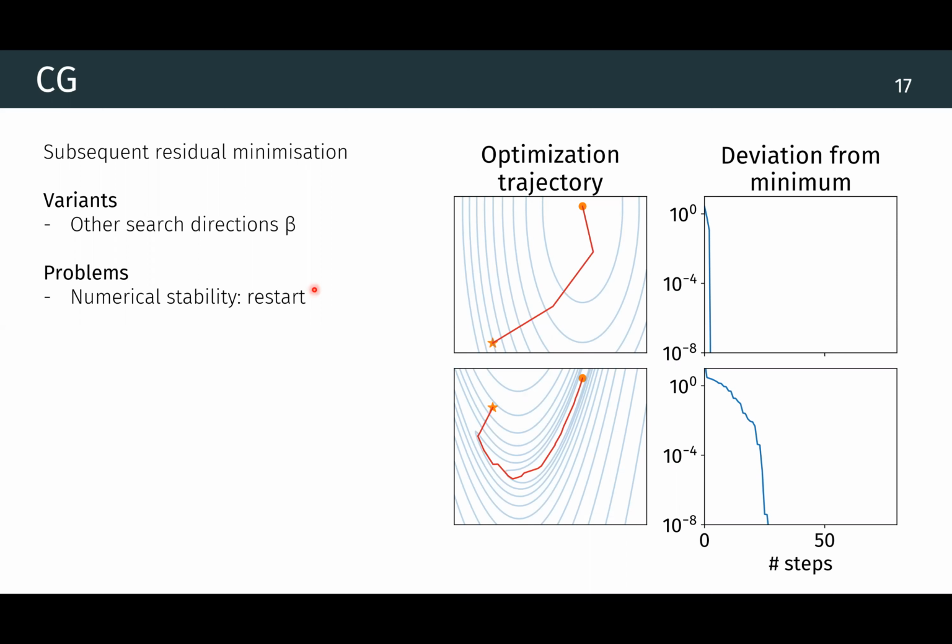There are more flavors than just Fletcher-Reeves. The basic idea, the core concept, is the same. They just differ in the way they make sure to pick a new direction.